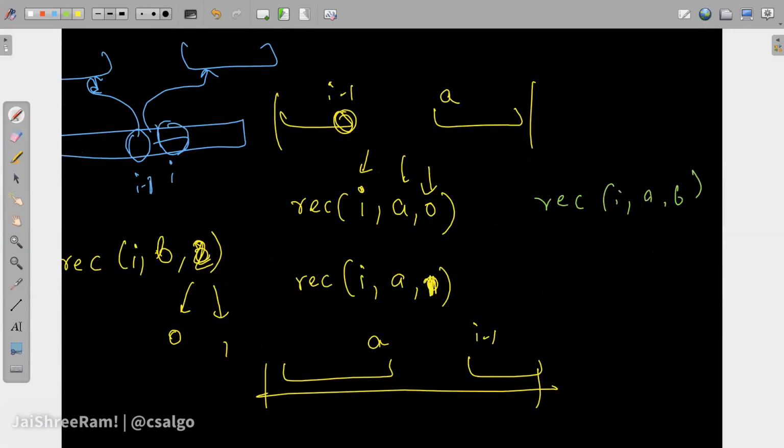If it is 0, then I know that a is equal to i minus 1. So this recurrence was equal to rec of i, i minus 1, a, and this was equal to rec of i, b, i minus 1, because we know that one of them has to be equal to i minus 1 for sure.